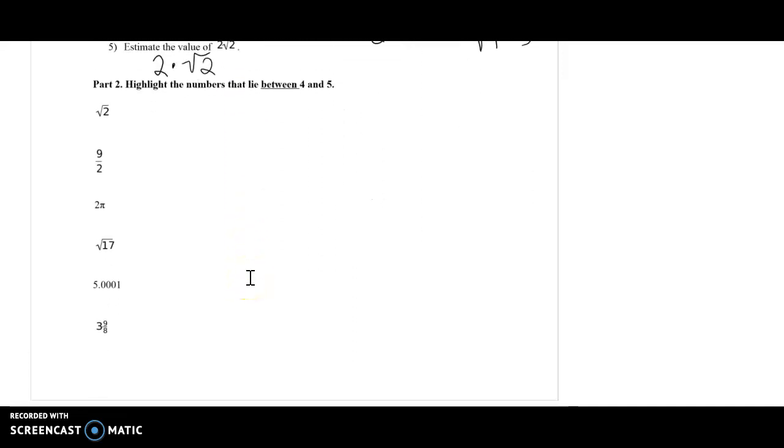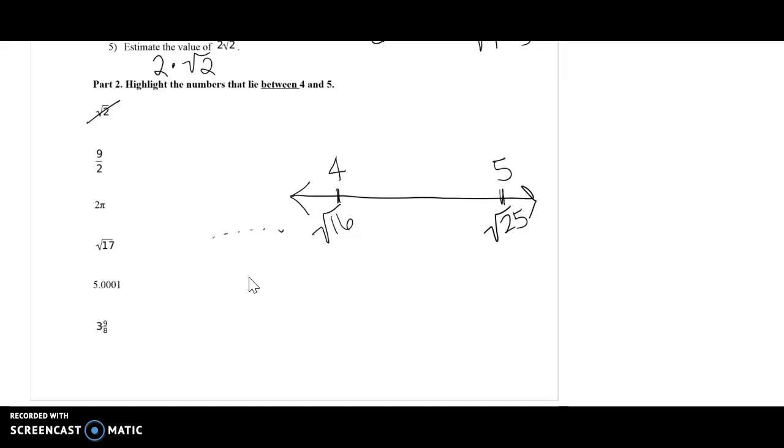Part 2 is asking us to highlight numbers that lie between 4 and 5. So if we're thinking about our number line, we're thinking about the positive numbers 4 and 5. And 4 is the square root of 16, 5 is the square root of 25. So we want to find numbers that lie in between that. Well, the square root of 2 isn't one of those because it's somewhere way over here.